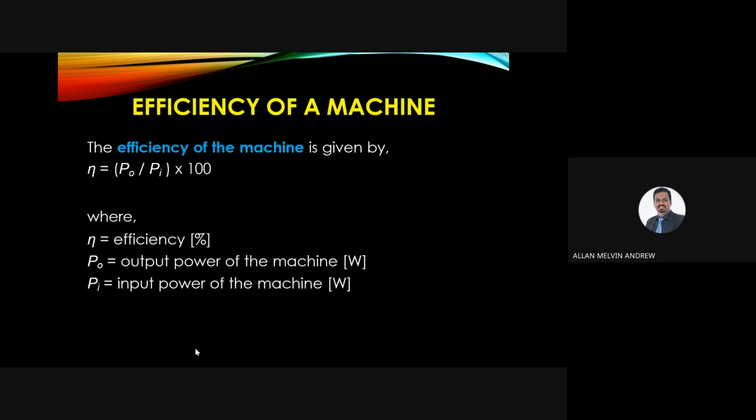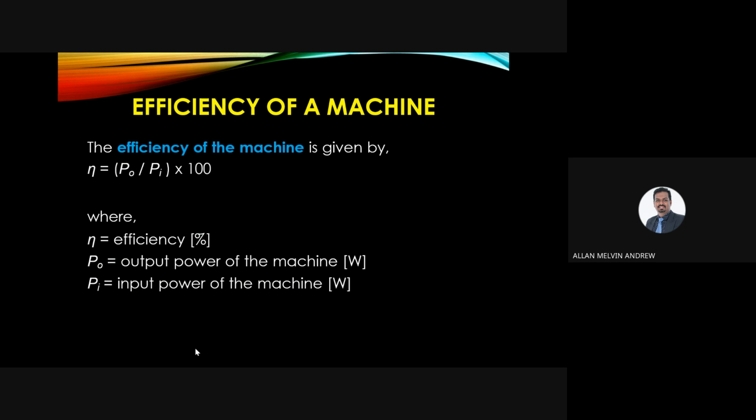In order for us to buy a motor or electrical machine, we need to know the efficiency of the machine. Because if we buy something, it will constantly give you loss, so it is not profitable for any agency or company.